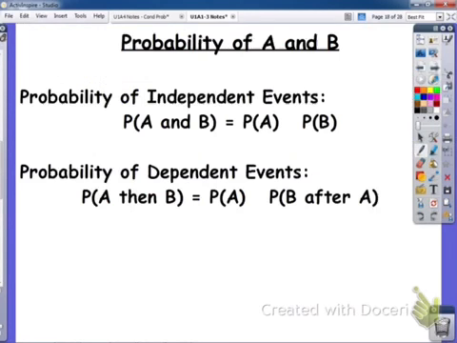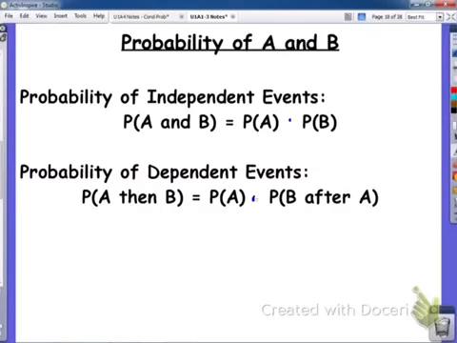So when you're able to determine what's independent and what's dependent, then you'll know which formula you use. The good thing is this: both formulas are the same. The only difference is, this is probability of A times probability of B, and this is probability of A times probability of B after A occurs.